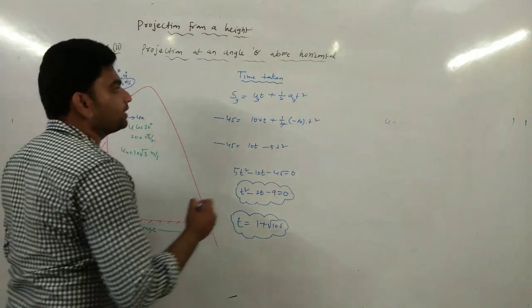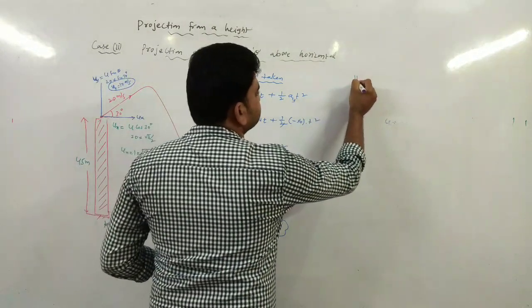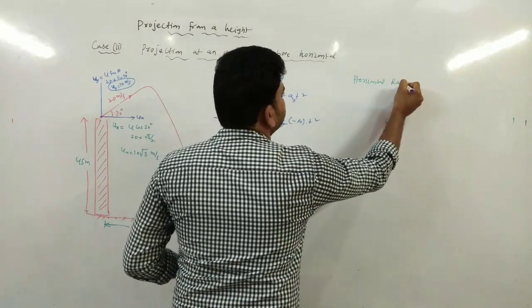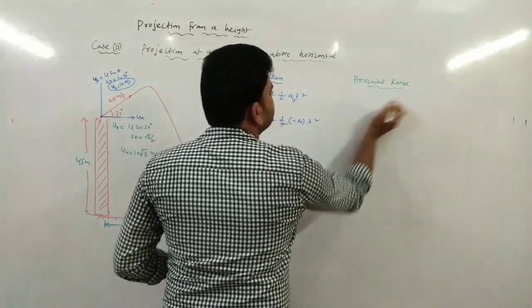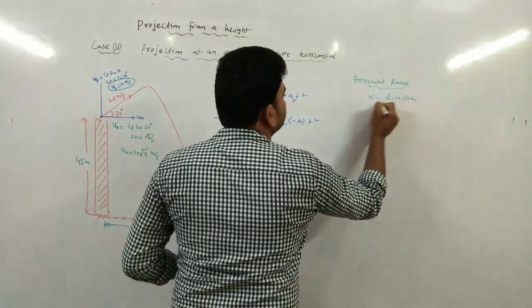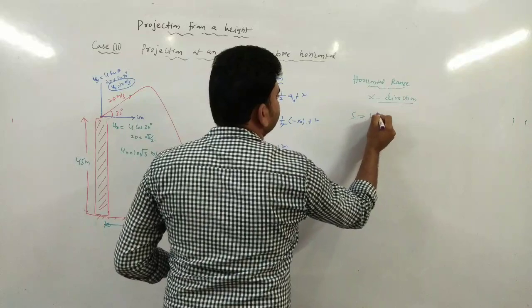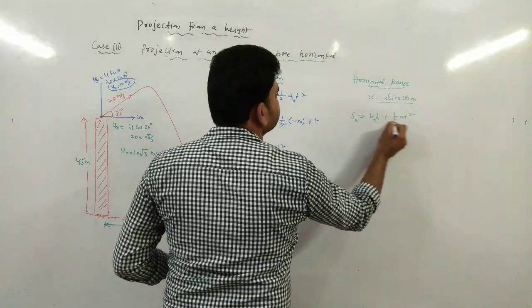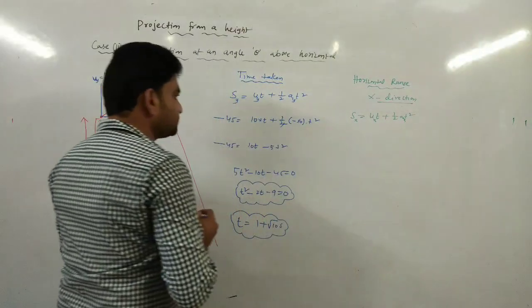And I wanted to calculate the horizontal range now, this value. So to calculate the horizontal range, let me consider the motion in x direction. Then s is equal to ut plus half at square. This is sx, ux, ax. My sx becomes what?